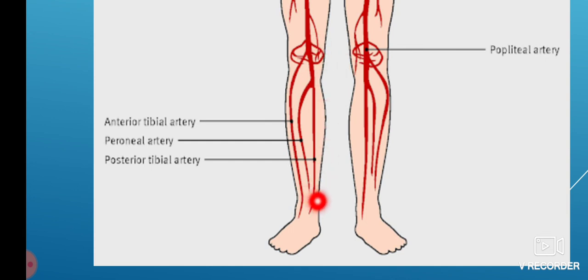From here it divides into two plantar branches, a medial plantar and a lateral plantar. Medial plantar and lateral plantar are the two branches arising from the posterior tibial at the level of the ankle.